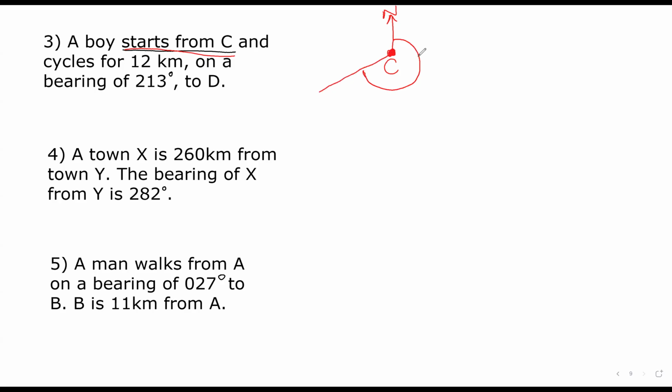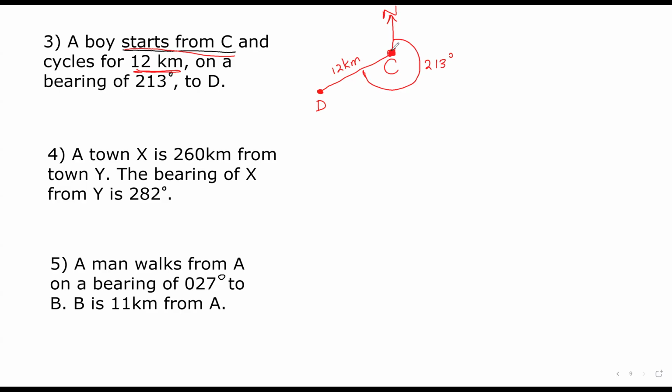So that would be your bearing of 213 degrees, and this point is D. It also tells us that it's 12 km, so this line CD is 12 km.